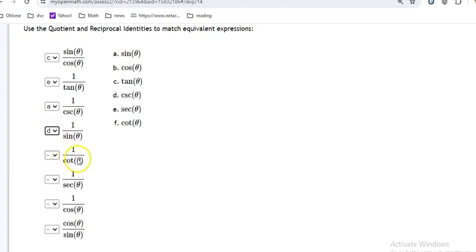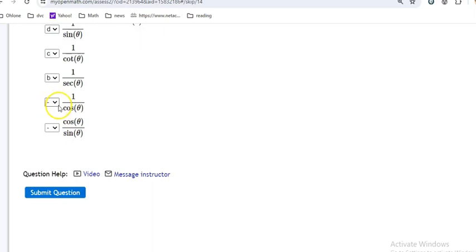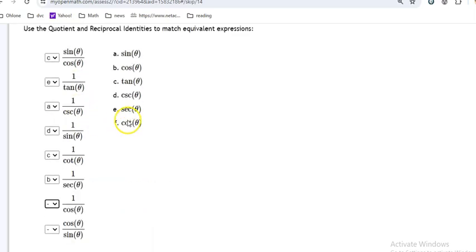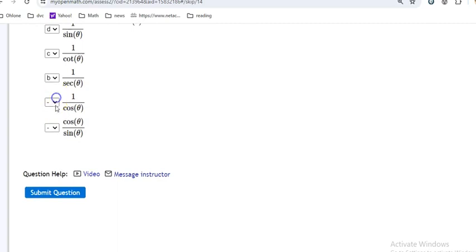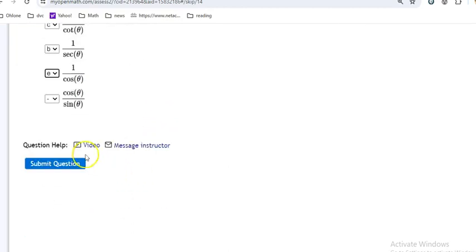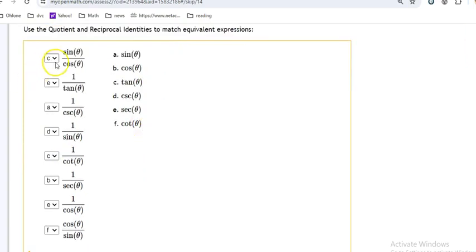D. What about 1 over secant? It's cosine with B. 1 over cosine is secant, which is E. And then cosine over sine is cotangent, which is F. Okay, so I have something wrong. Tangent, that's right. 1 over tangent. Oh, 1 over tangent is cotangent.